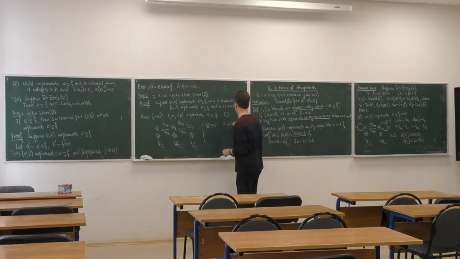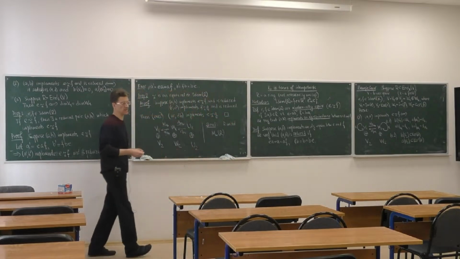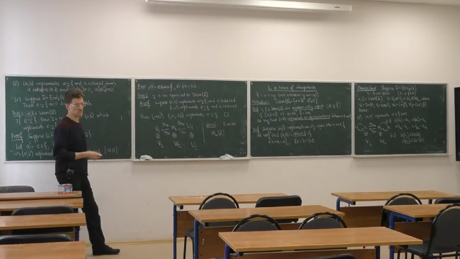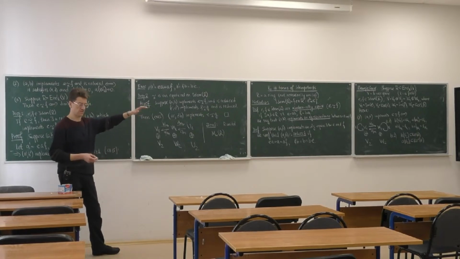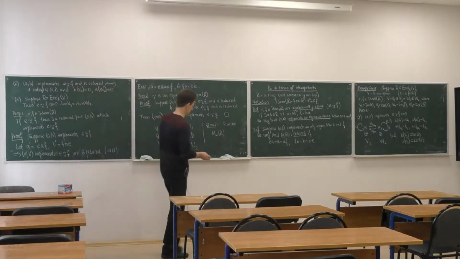We replace R by the ring M infinity of R, which consists of infinite matrices over R, such that all but finitely many entries are zero. So matrices are infinite, but all but finitely many entries of the matrix are zero.